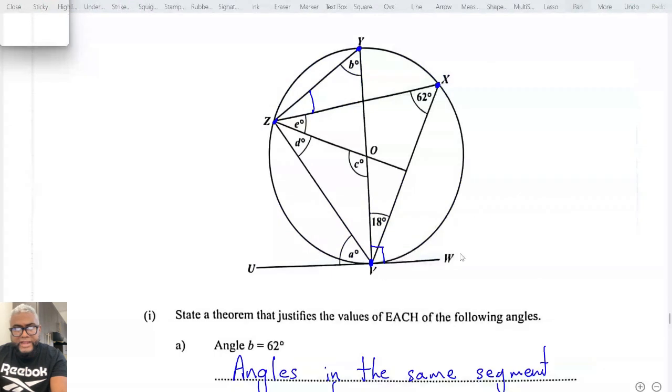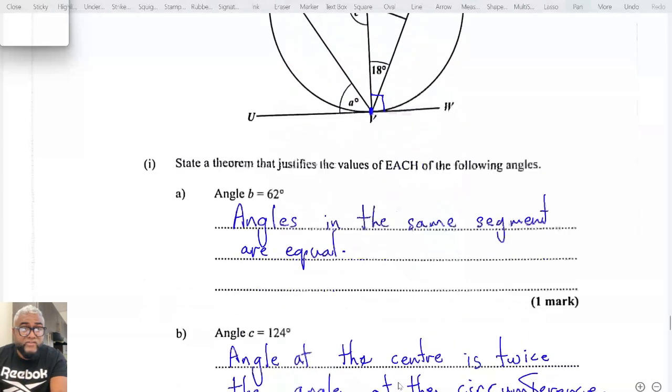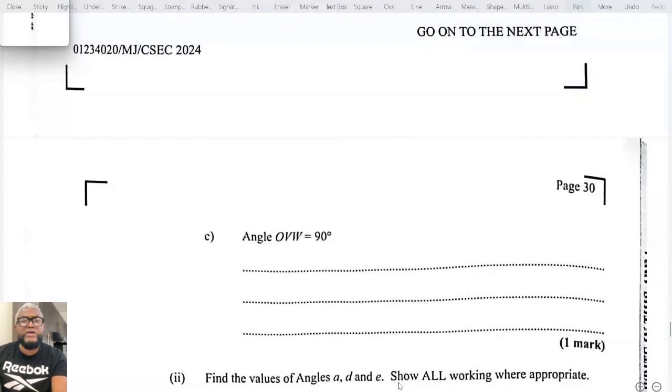That's the thing. Right. So next we have angle OVW is 90 degrees. What's the reason for that? The radius with the tangent. Excellent. Where a radius meets a tangent, a 90-degree angle is formed. Let's write. We need to write these things over and over, otherwise it won't stick. Write it over. There we go. Keep writing.